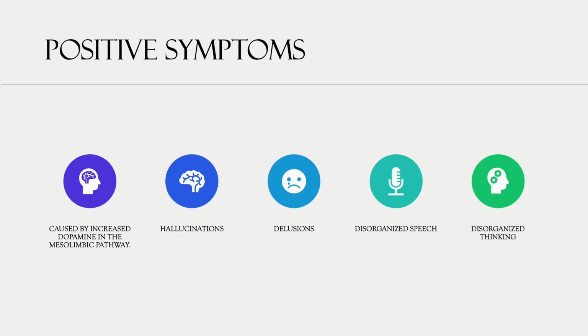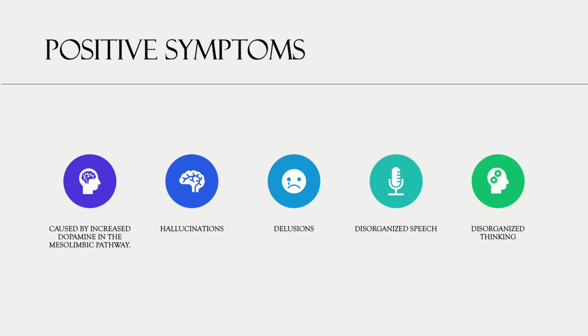Positive symptoms of schizophrenia are disorganized speech, disorganized thinking, delusions, or hallucinations. The explanation here says positive symptoms are symptoms that respond positively to and can be controlled by antipsychotic medication. They reflect excess or distortions of normal brain functioning.